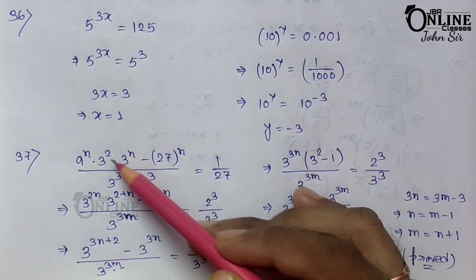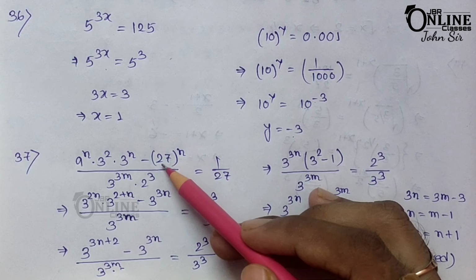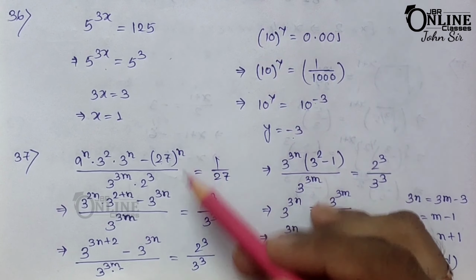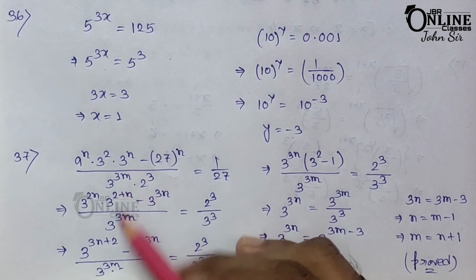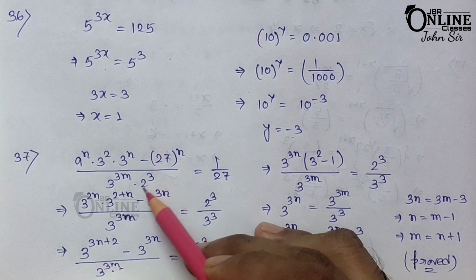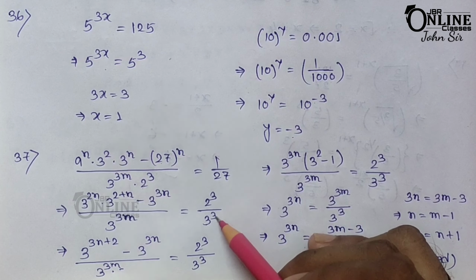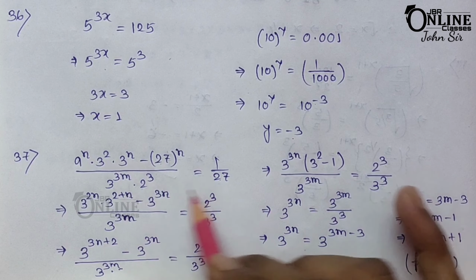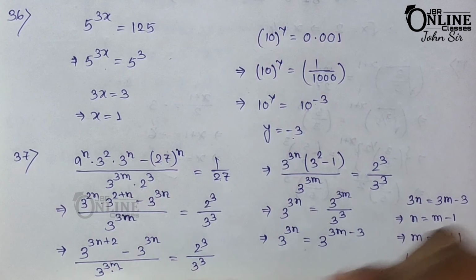So bases are the same, then powers will be added, so 2 plus n. Here 27 means 3 to the power 3, so 3 into n, that means 3 to the power 3n. Okay. Here 3 to the power 3m, and that 2 to the power 3 multiplied with this one. So 2 to the power 3 by 3 to the power 3, as here 27. Okay. So I hope there will be no problem at that stage. Now the third one.